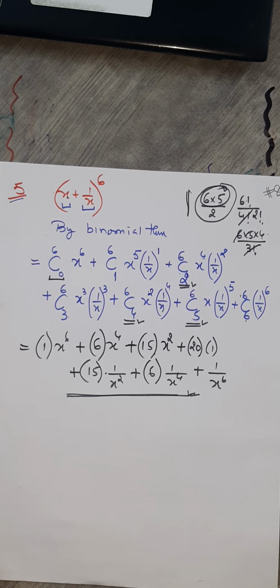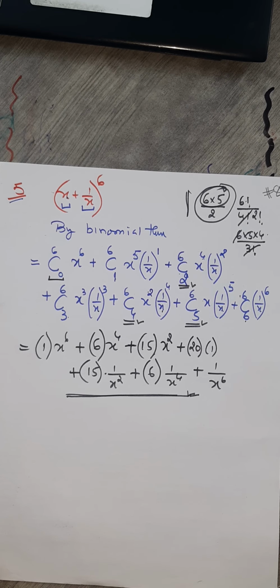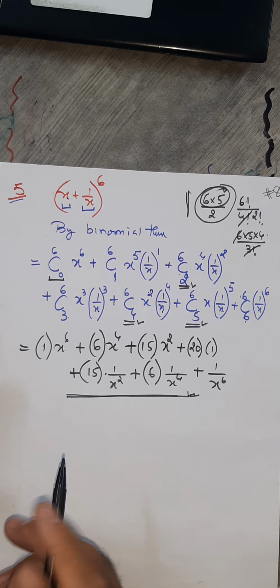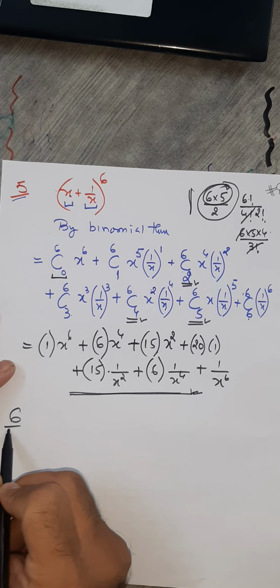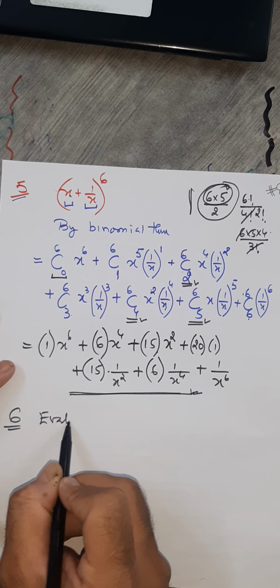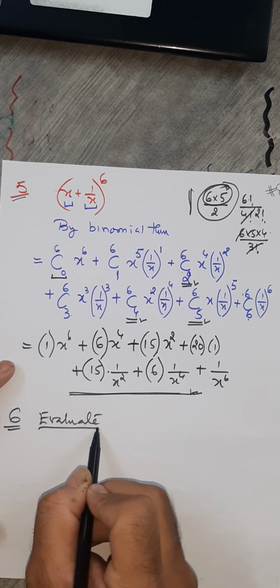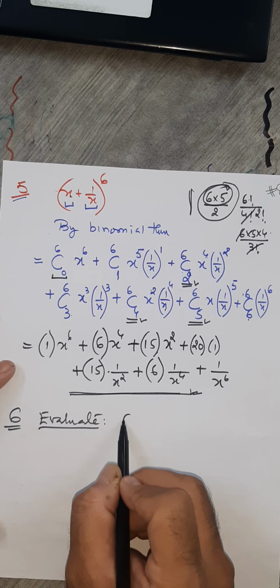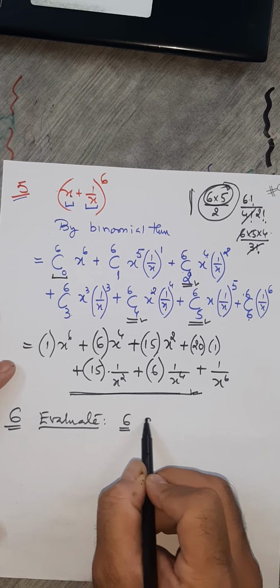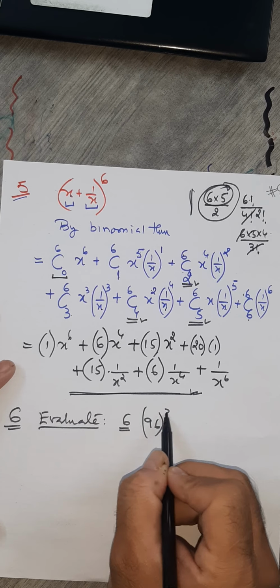Now the next questions, 6th, 7th, 8th and 9th: use the binomial theorem to evaluate these. So question number 6, evaluate this. The first one is (96) the whole cube.